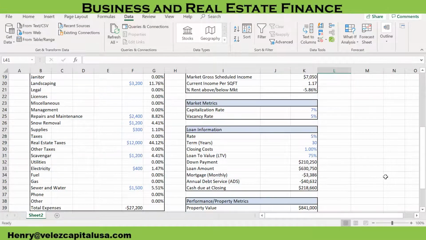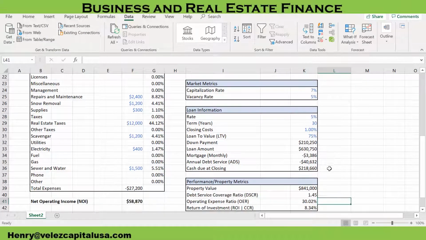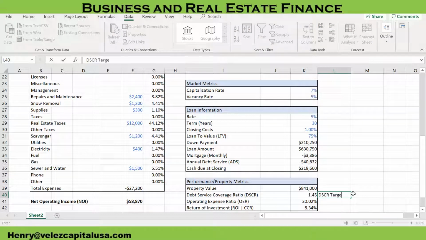Another way to do some analysis is saying, for example, this down payment is very high, $210,000, and we know that this is a good property to buy because the debt service coverage ratio is at 1.45. But do we really want to spend $210,000 to acquire? So we get with the lender and ask them what the minimum DSCR would be.